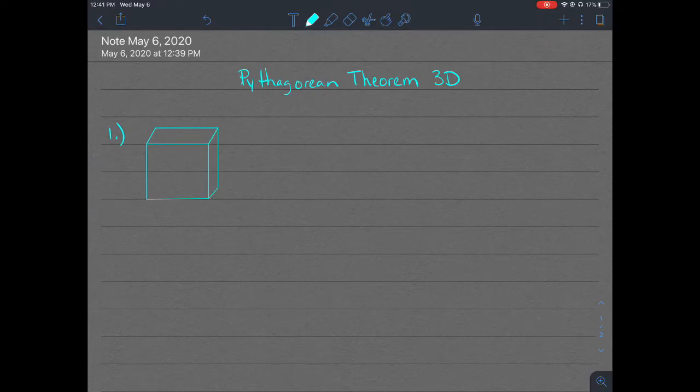So there's the cube. Now on the back side of the cube, you also have, as if we can see right through it. Okay. So that's a 3-dimensional cube.